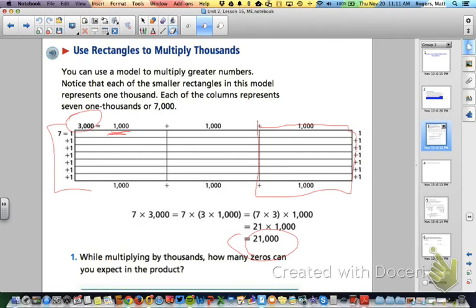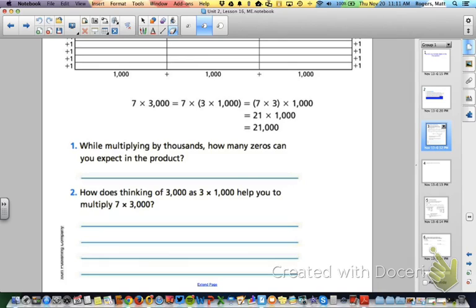The one thing we talked about in class is, at minimum, this first question: how many zeros can I expect? In this case, I can expect at least 3, because in 3,000 I'm going to have 3 zeros after that digit that I'm going to add to the end of our basic multiplication problem.